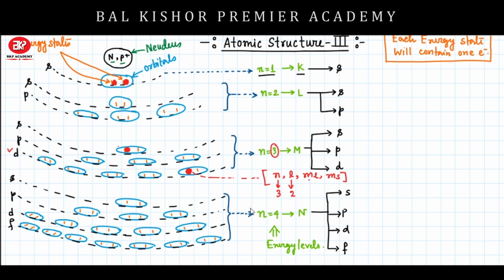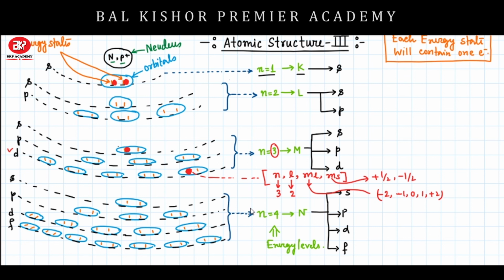The ml value ranges from -2, -1, 0, 1, +2. And ms can be either +1/2 or -1/2.